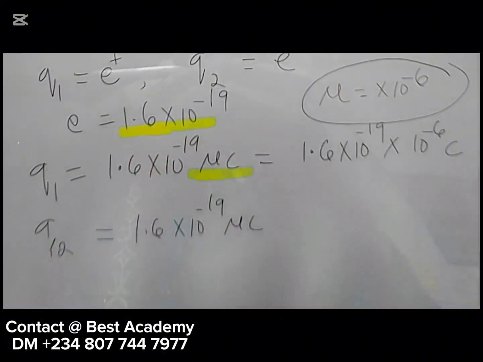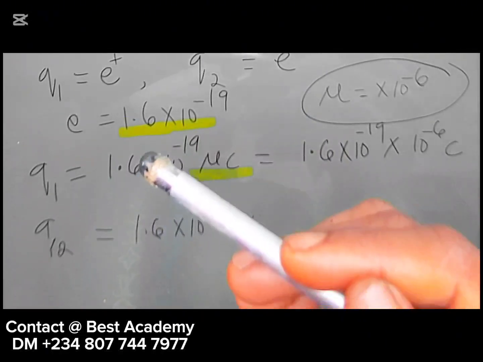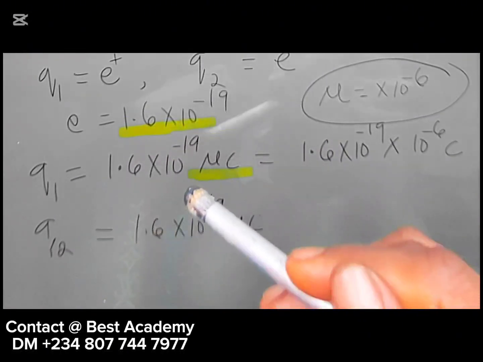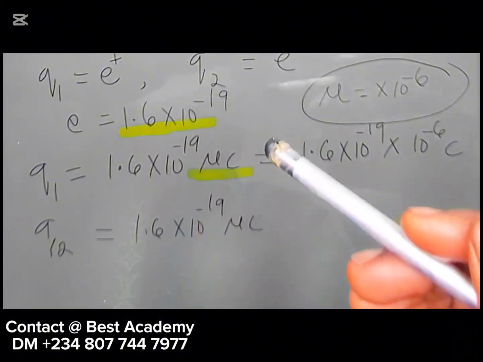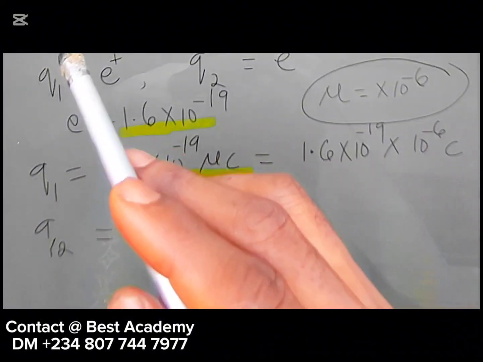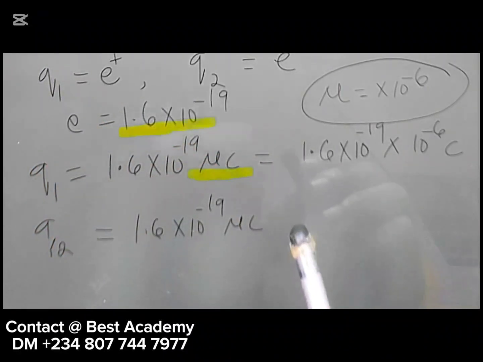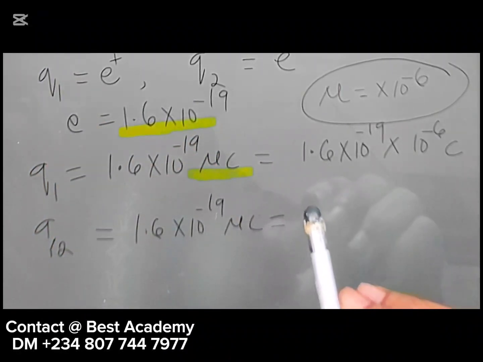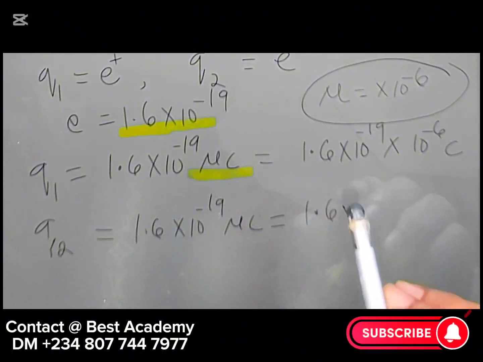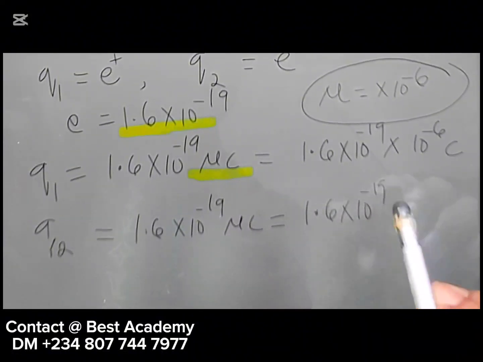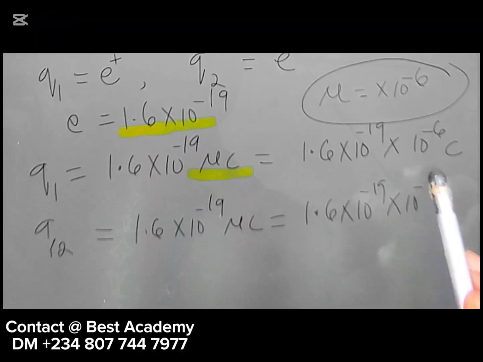There are two proton charges, already given to us as 1.6 times 10 to the power minus 19 microcoulomb. So the next charge, Q2, is 1.6 times 10 to the power minus 19 microcoulomb. Replacing this will be equal to 1.6 times 10 to the power of minus 19 times 10 to the power of minus 6 coulombs.